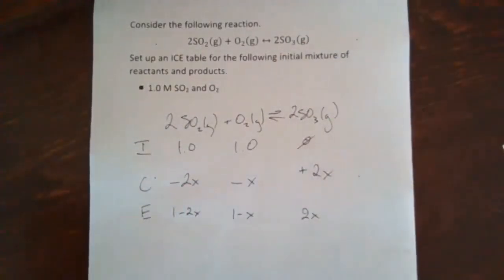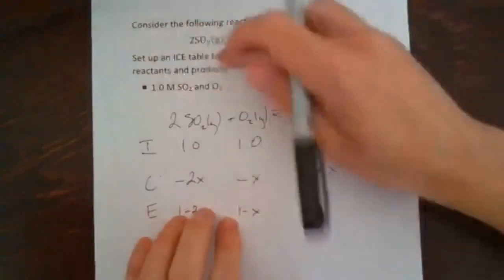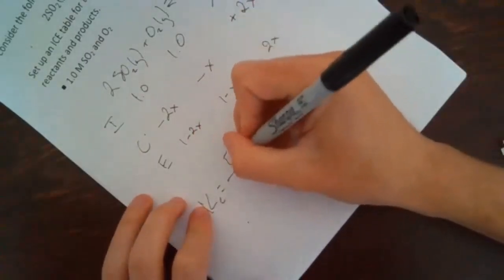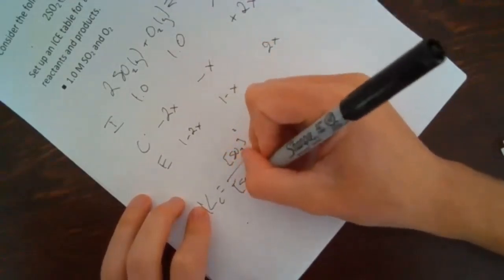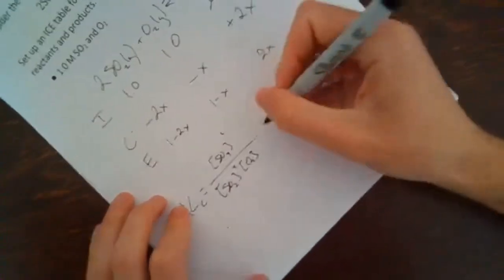We're good to go. At this point, this is really all we wanted for setting up an ice table. But what we could do is take it and plug it into Kc, which is going to be SO3 squared over SO2 squared, O2 to the first power.